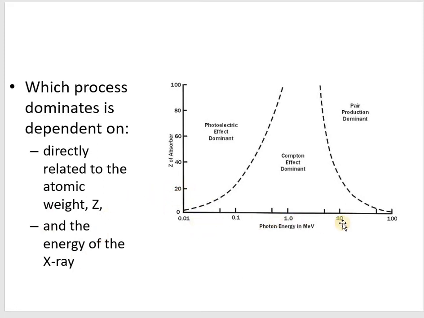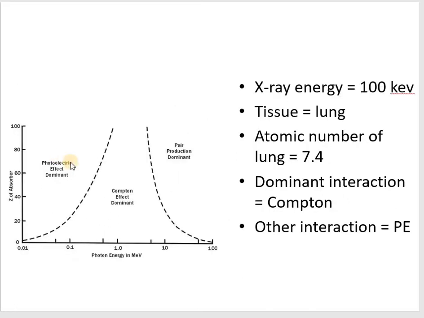So depending on the energy of the incoming photon and the atomic number of the tissues, it defines which of these two interactions will be dominant. This is an example with a maximum incoming energy of 100 keV, 100 kVp. Let's say the tissue is lung and the atomic number is 7.4.